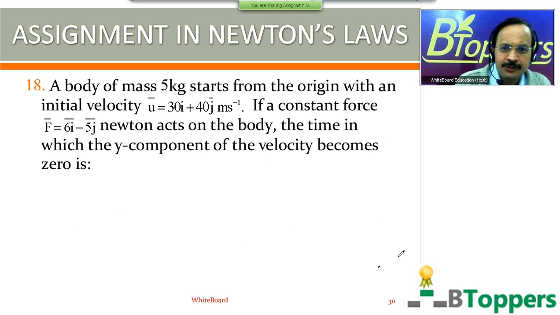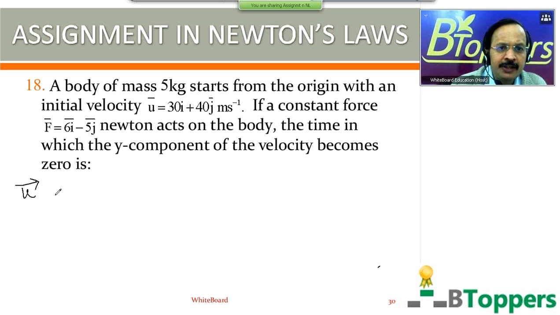So here it is a problem with two-dimensional motion with constant acceleration. So you can use the equations of one-dimensional motion with uniform acceleration separately for motion parallel to x-axis and separately for motion parallel to y-axis.